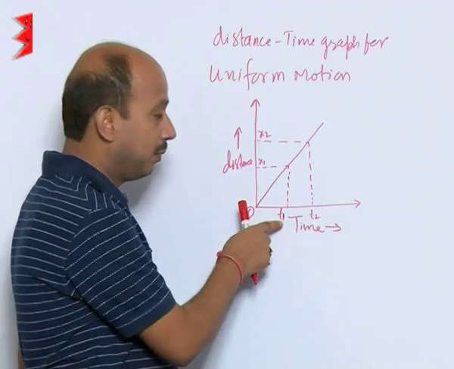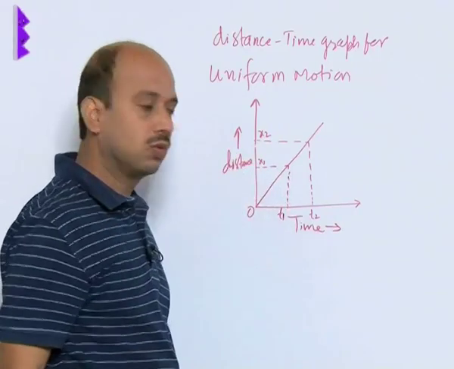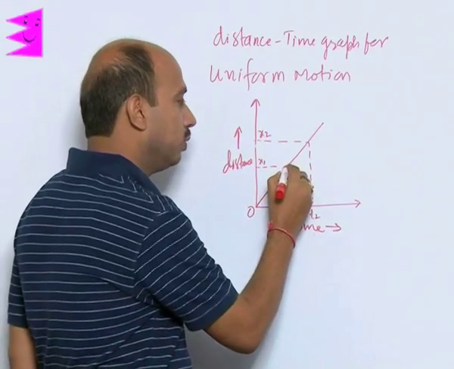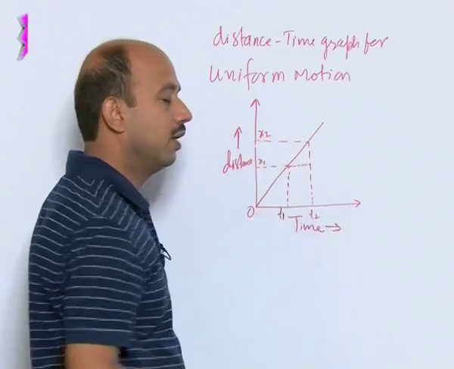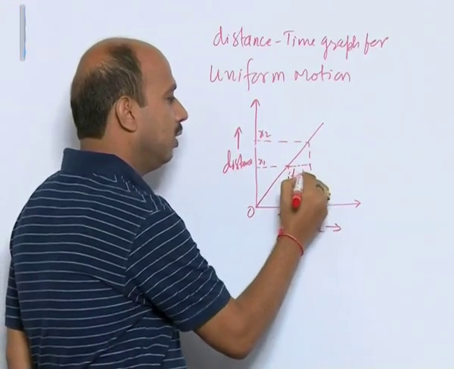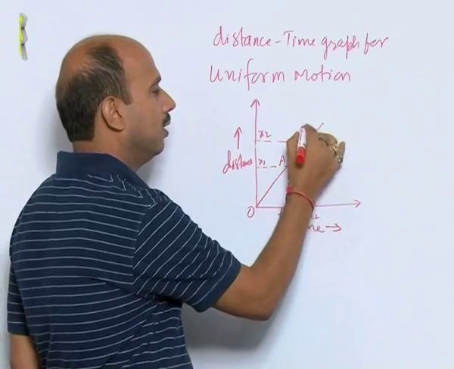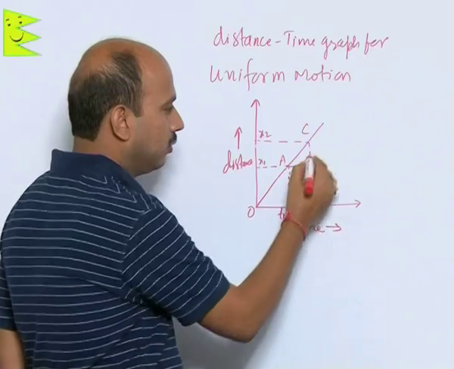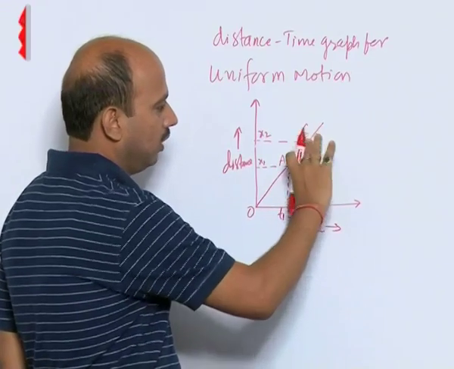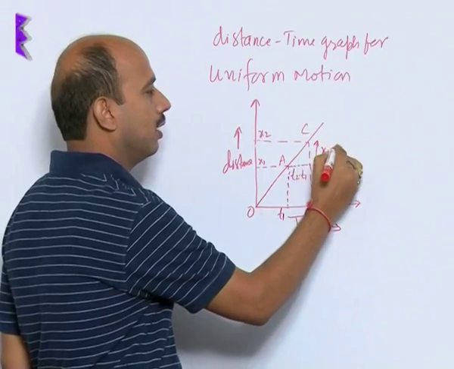So, for time t1 distance is x1, for time t2 distance is x2. Now, what you do? You just draw this line here. You will be getting this one is t2 minus t1, and we can take this is A, this is B, and this is C, and this BC is x2 and this is x1. So, we can write x2 minus x1.